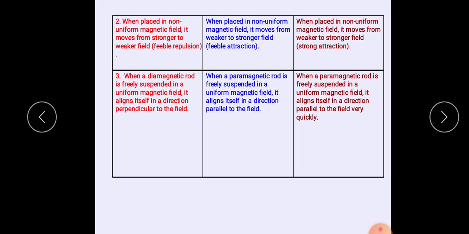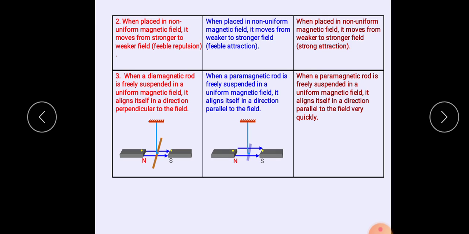When a diamagnetic rod is freely suspended in a uniform magnetic field, it aligns itself in a direction perpendicular to the field. In case of paramagnetic, it is parallel to the field. You can see here it aligns parallel to the field.